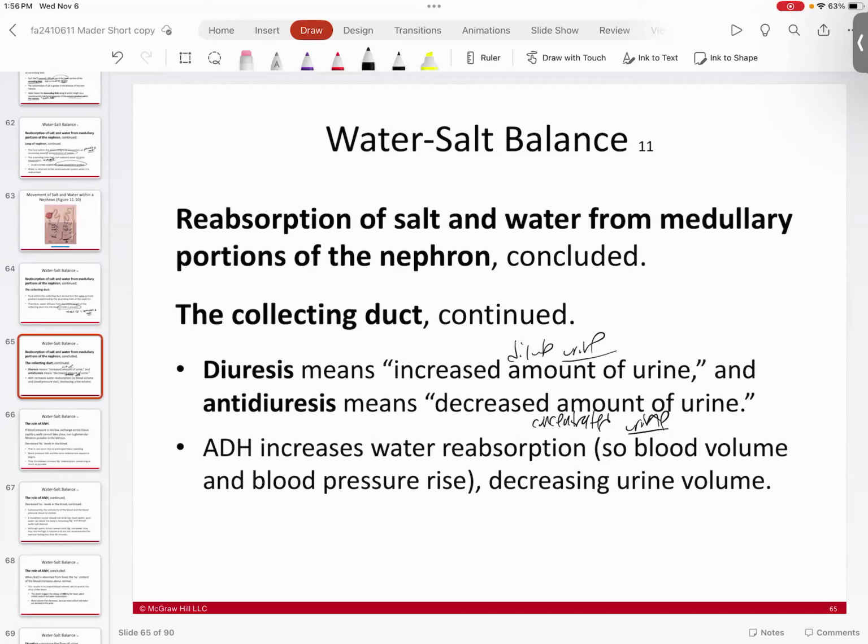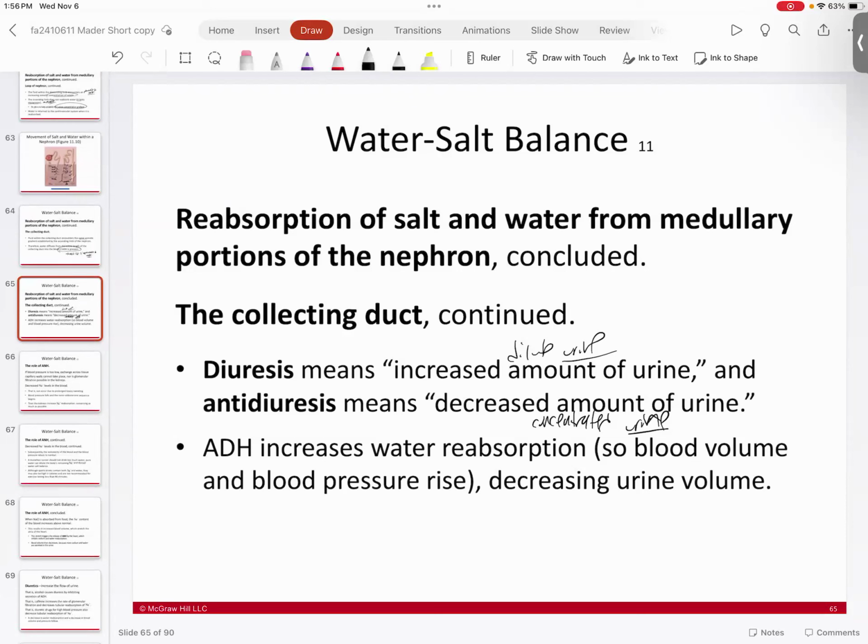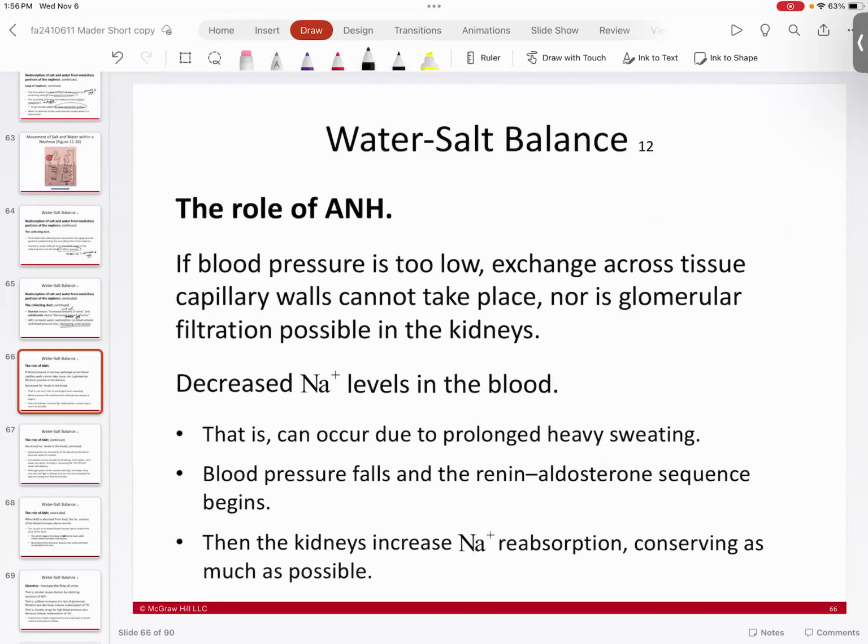As a matter of fact, if you want to do a double whammy, drink coffee and lots of water at the same time, and I guarantee you will never leave the bathroom. Because you have a diuretic in conjunction with a lot of volume of water that you have to get rid of. So in this particular area, ADH will increase your water reabsorption. Because you're reabsorbing more of your water, you're decreasing the volume of urine. So you're urinating out a more concentrated urine because you're reclaiming all the fluids through ADH.